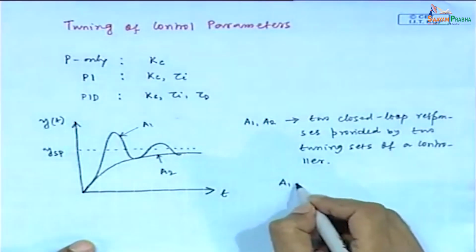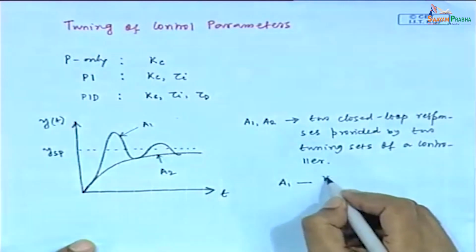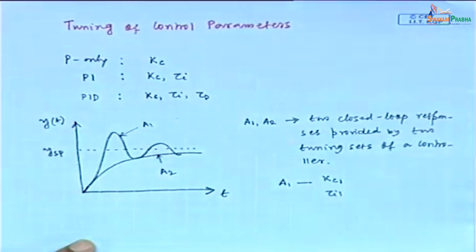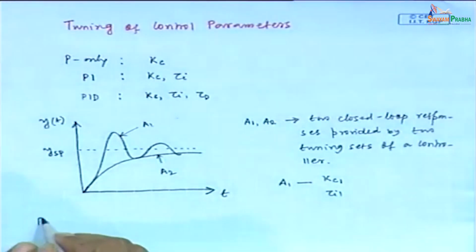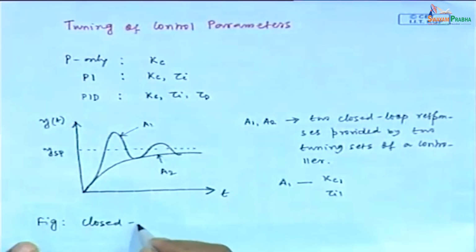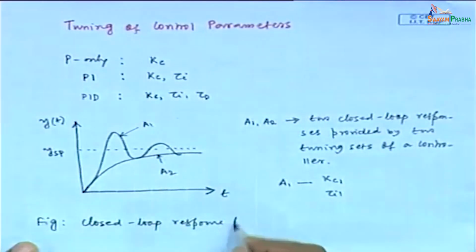We get response A1 when we consider Kc1 and tau y1. Suppose this is the closed loop response of a process under PI controller. Fine. This is the closed loop response when the process includes a PI controller.